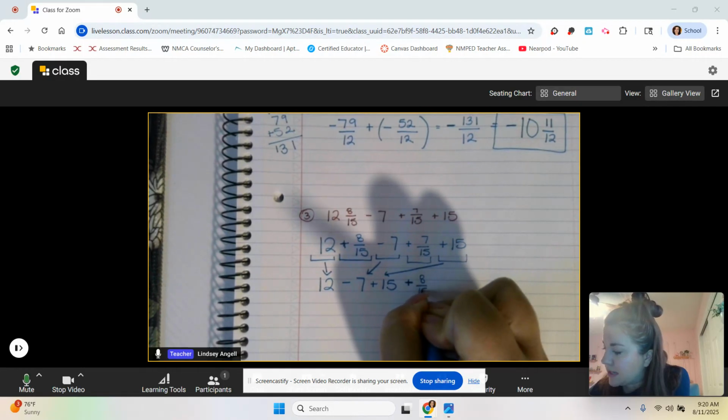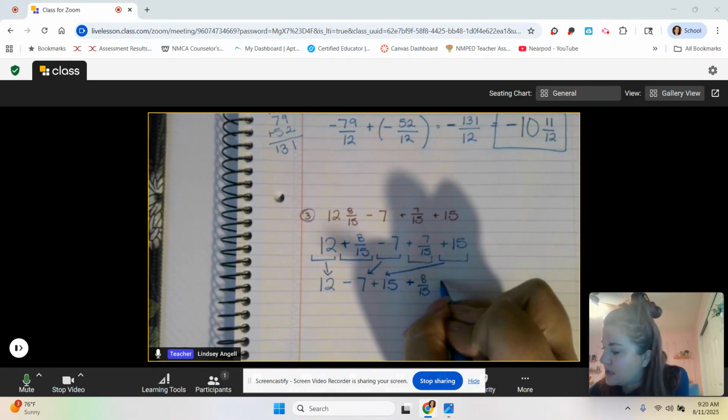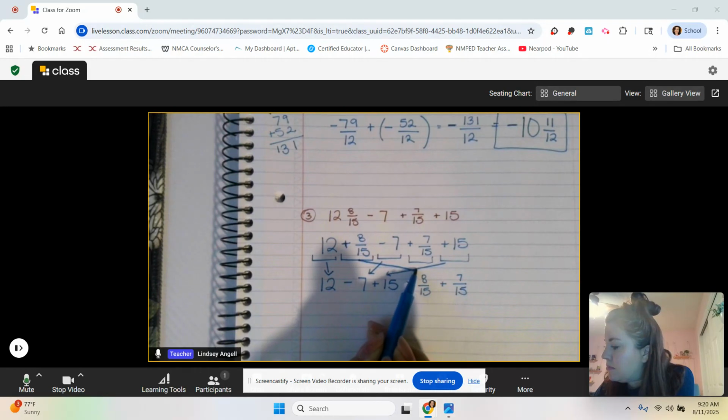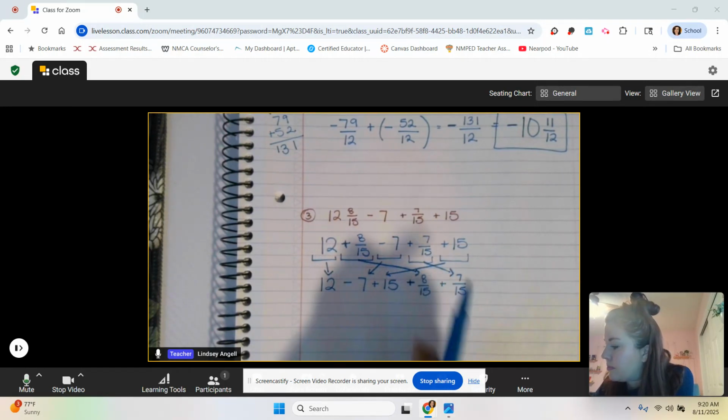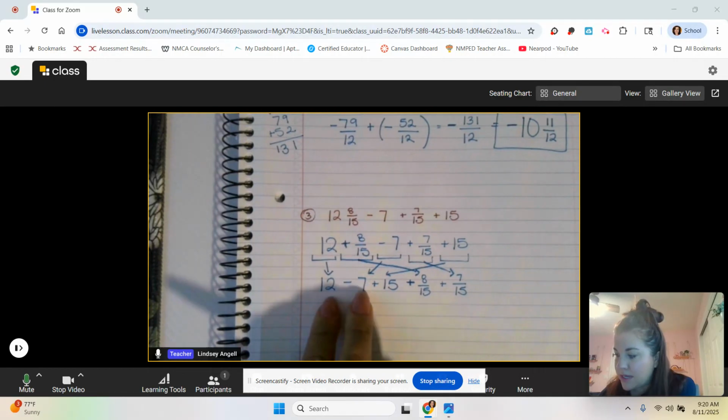We can deal with those together, which, look at that. Don't you love when we see common denominators? So I just used the commutative property of addition to move the numbers around to where they're easier to deal with. Now we can do this.